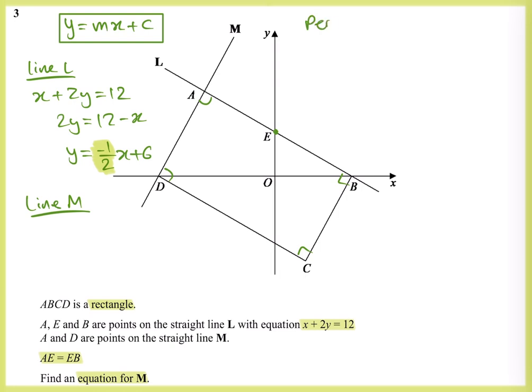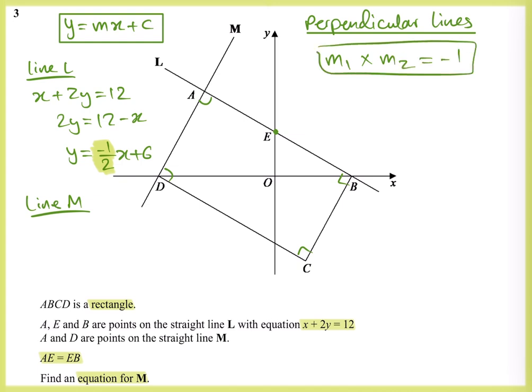Let's write that here: perpendicular lines have opposite reciprocal gradients, or the product of their gradients is equal to negative 1. We need to remember that.